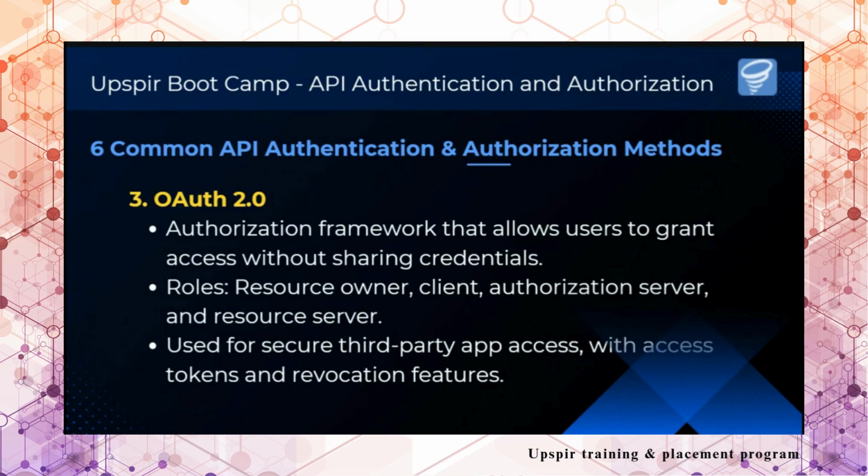So here we have concepts like resource owner, client, authorization server, resource server, etc. This is used for secure third-party app access with access tokens and revocation features, right? Whenever you try to log in, it will say log in with Google or something. And then your application will actually reach out to Google and bring the authentication from that platform.